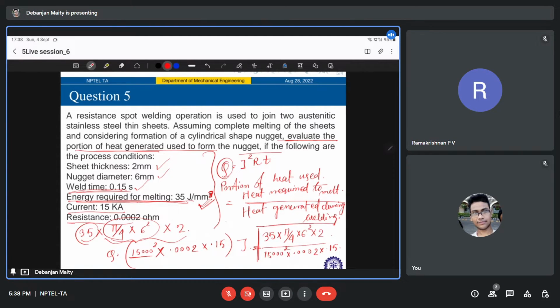I do not have the calculator now, but I hope you got the idea how to figure out what will be the portion of heat generated used to form the nugget.